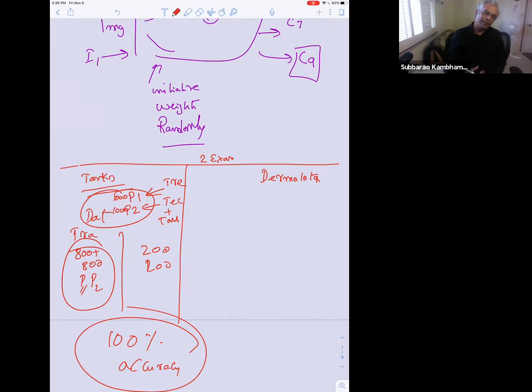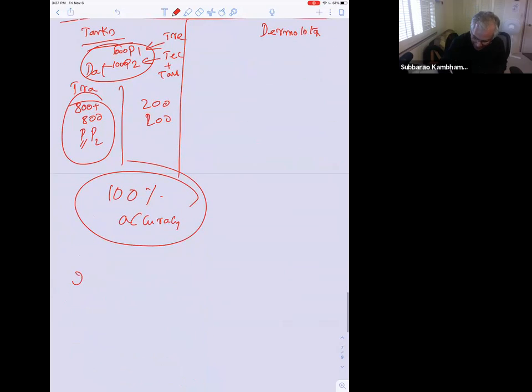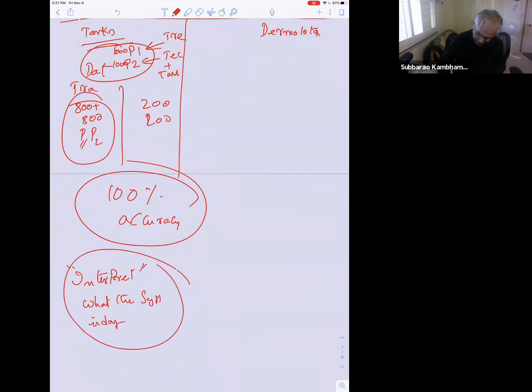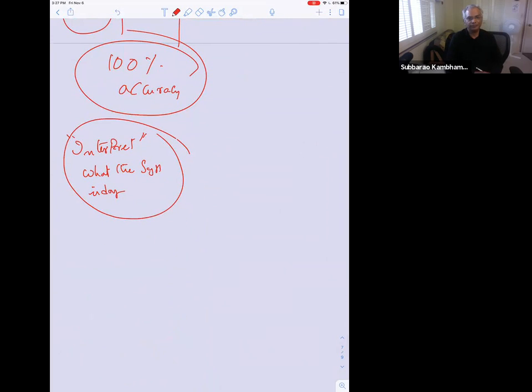So they wanted to see how complex this network is. Because after all, this is something that we are unable to do, but the system did it. So they wanted to interpret what the system is doing. And so they opened the network and they found that it was only asking one question.